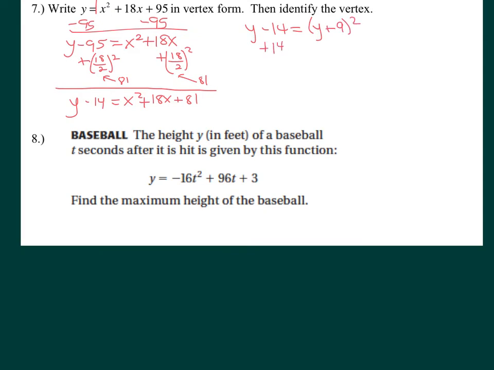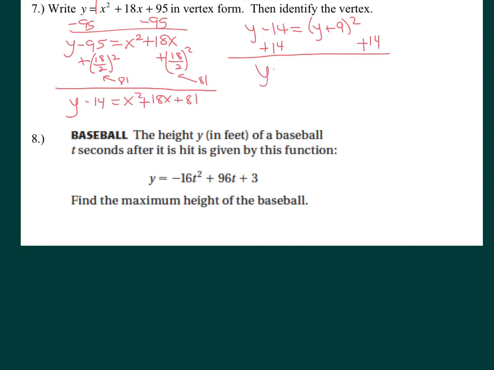And I finish it off by solving for y, so I'm going to move the 14 to the other side, keeping in mind I can't actually add 14 to anything because this quantity is being squared, and the exponent always comes before addition. I also do not want to multiply this out because then I'll end up right back where I started, and the entire point is to have it in this form, aka vertex form.